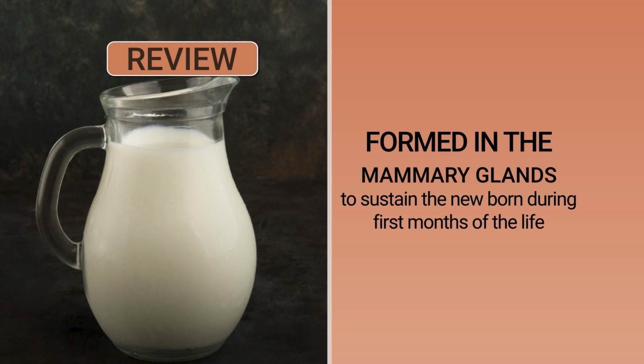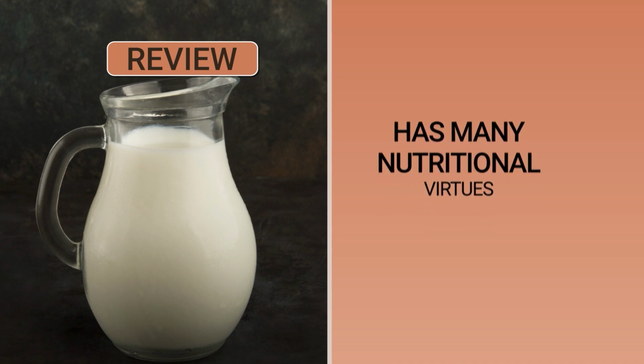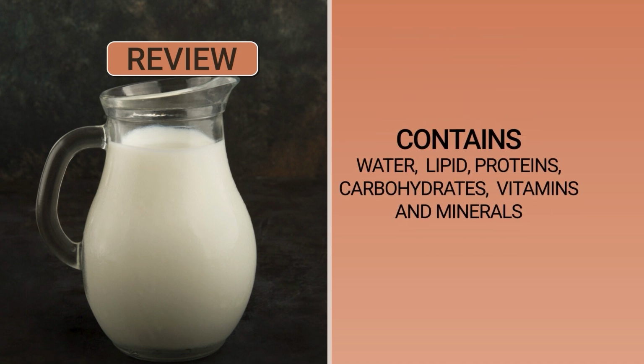Basically it is for their calves, but we can use it for human purposes also. It has many nutritional virtues, and it contains water, lipids, proteins, carbohydrates, vitamins and minerals. So, milk is quite nutritious and a complete food.